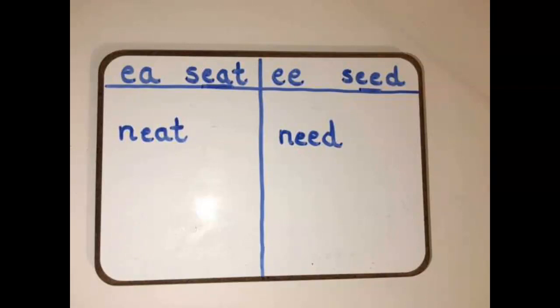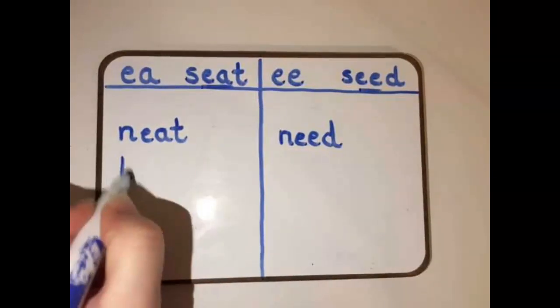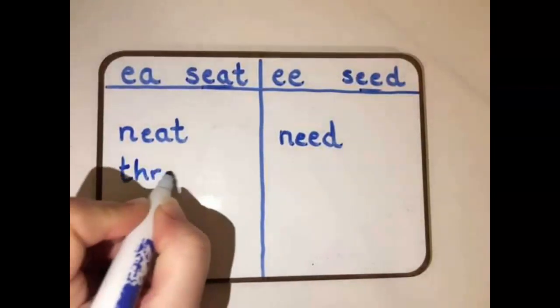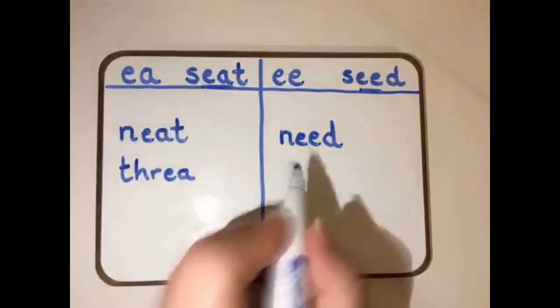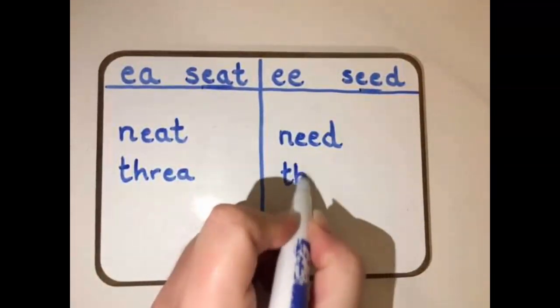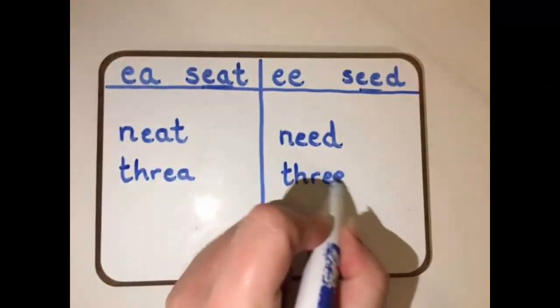All right, remember, pause if you need to fix. Here's a new word. Three. I counted to three and then looked for my friend. Three. Please pause the video and decide which side three goes on. All right, let's try it both ways. Three.